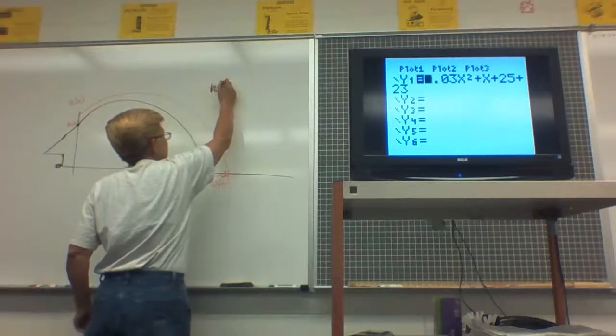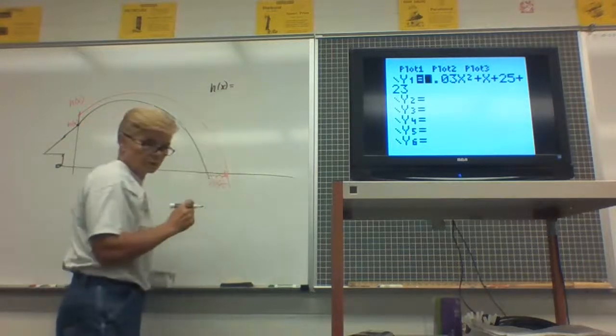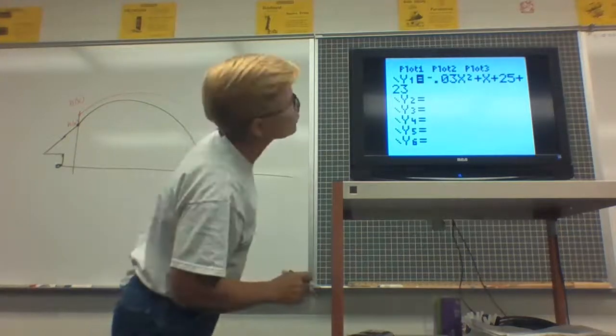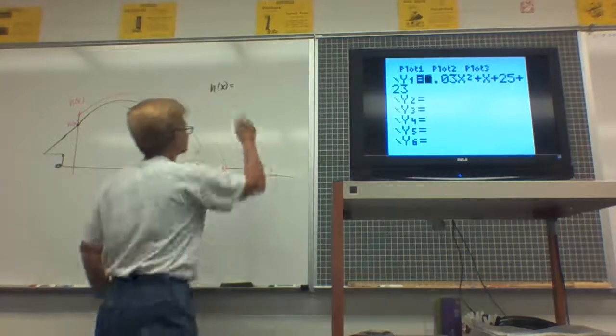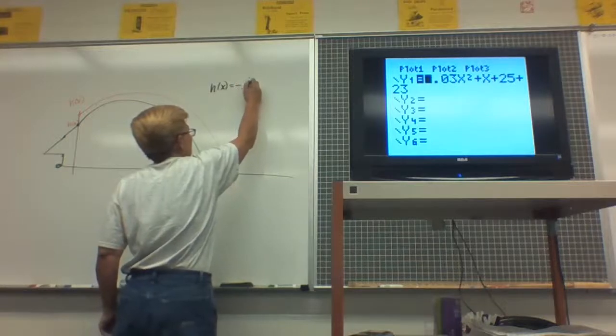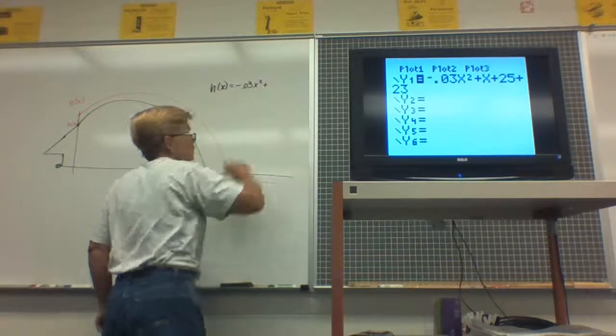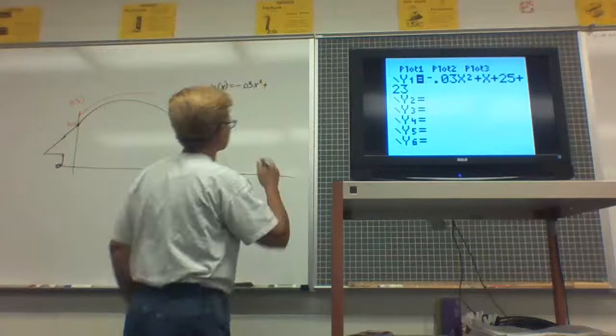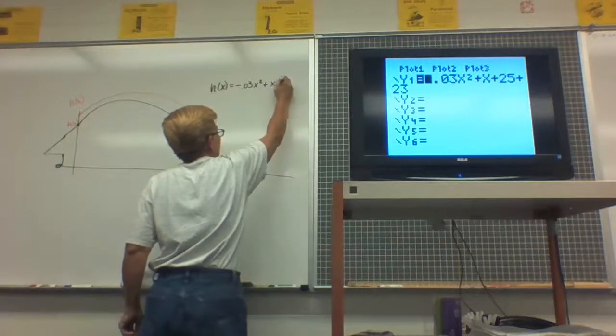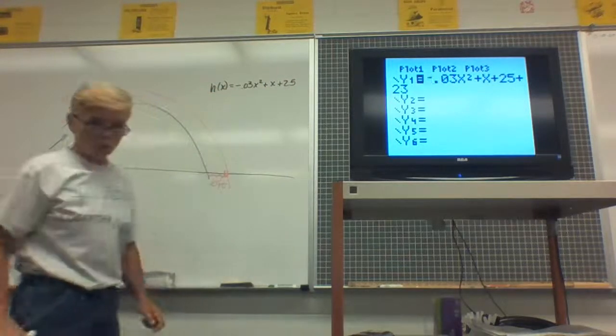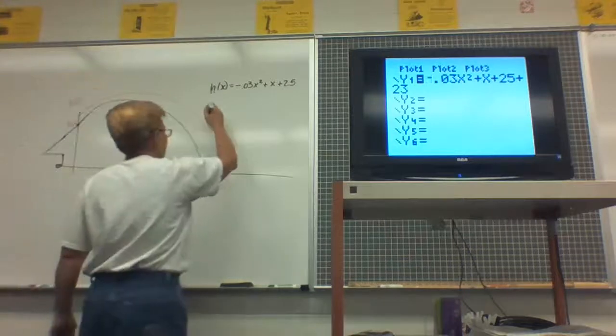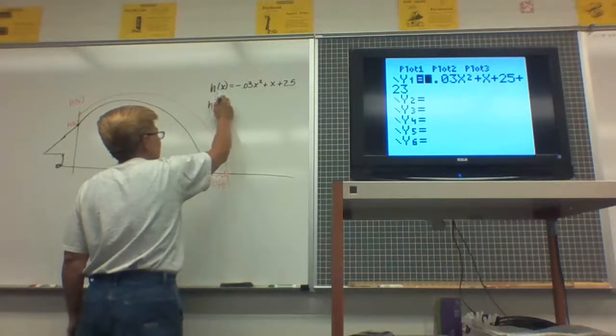H of x equals, it's in the y equals screen, negative 0.03x squared plus x plus 25. That's the one we had before. This is the one we have now. It's 23 feet up.